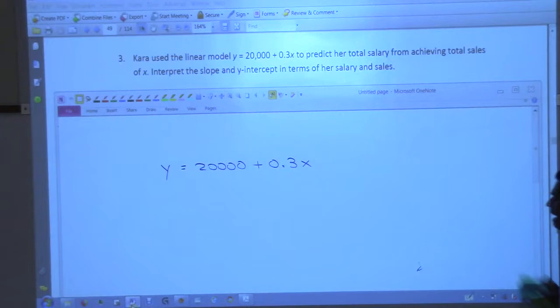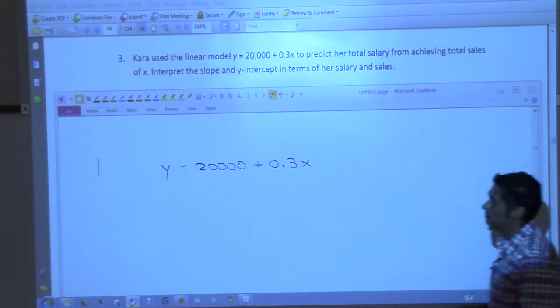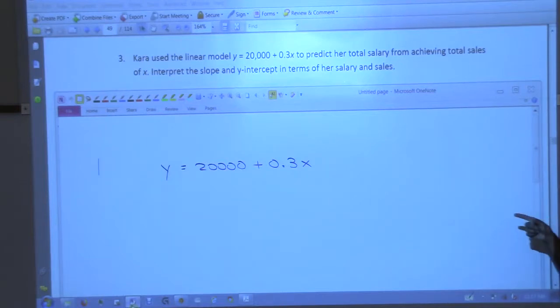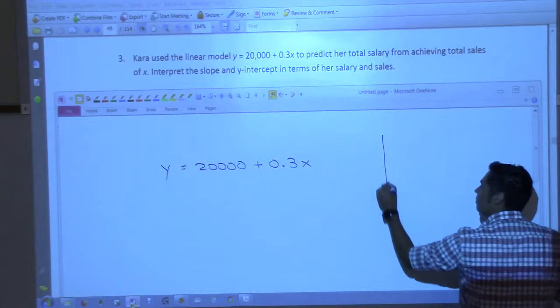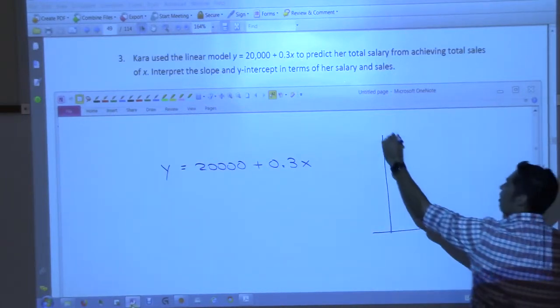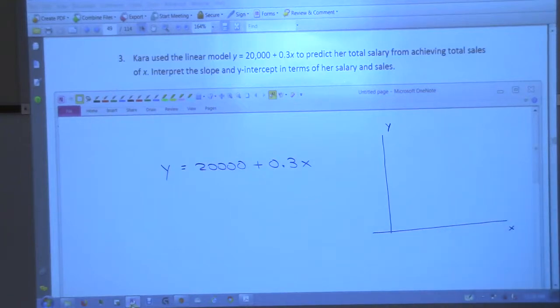If I asked you to graph this line, could you? Could you do it right now? I hope you could. This would be x, this would be y. Where could I start?